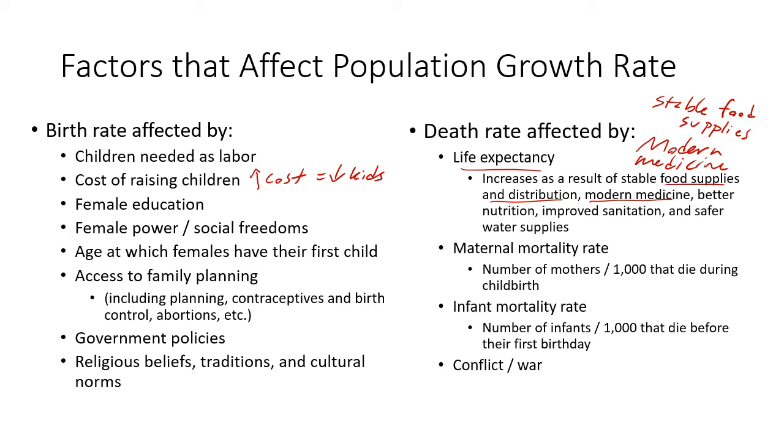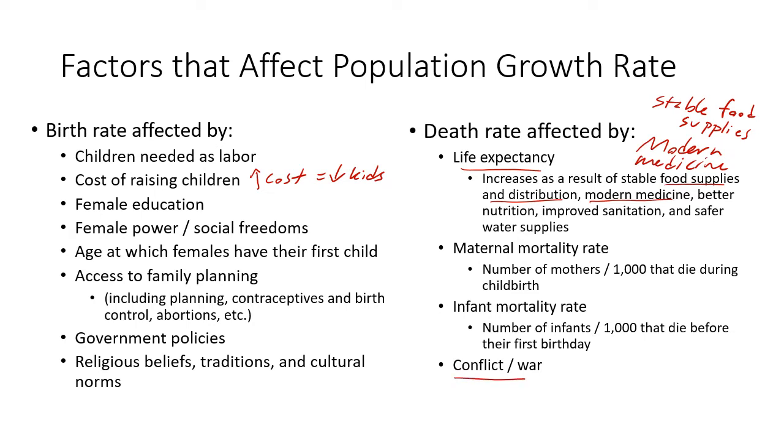Most children that died before their first birthday would die of disease and not other factors. Disease is a huge killer of children before modern medicine. You enter modern medicine and you enter stable food supplies, and those children survive. That decreases death rate, and that increases the number of people on the planet.